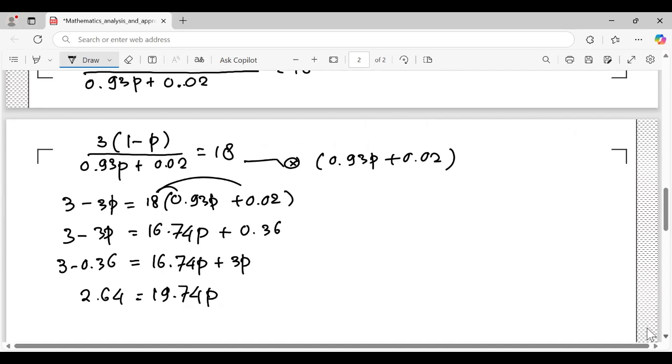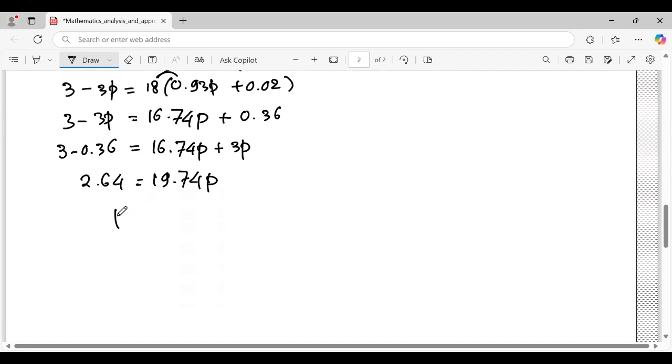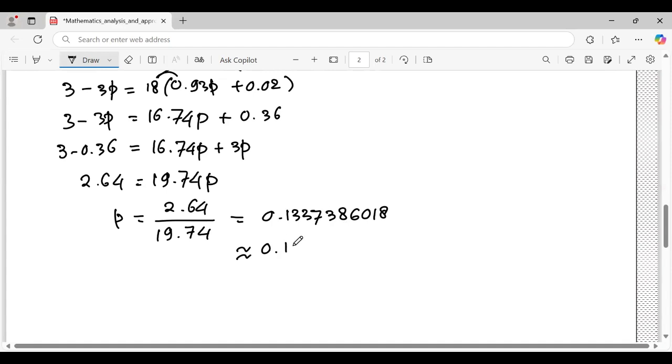So P equals 2.64 divided by 19.74. And the result is 0.1337386018. Rounded off, it becomes 0.134, or in percentage, this is 13.37%.